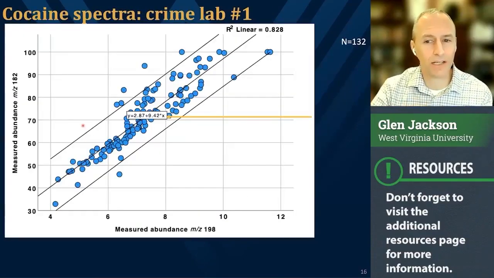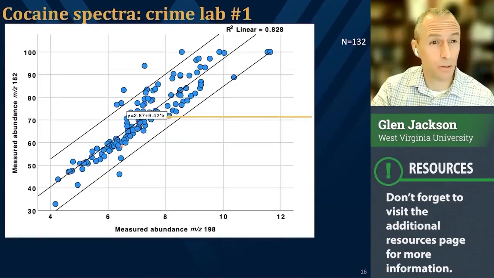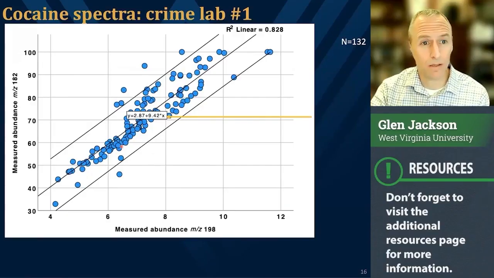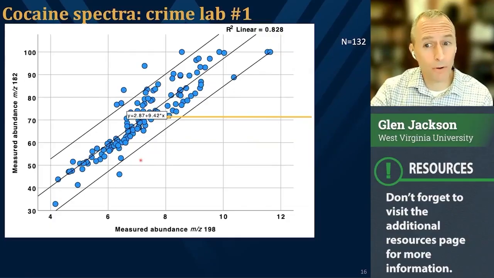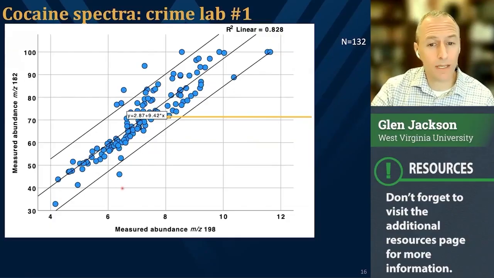If we look at some correlations that actually exist, remember I showed you the GC peaks for cocaine and how they do correlate, at least across one GC peak. Well, we took 132 cocaine spectra from a crime laboratory and looked at the correlations between all the different pairs of ions, at least the 20 most abundant for cocaine. You can see that the second most abundant ion here, m/z 182, correlates really well with this particular fragment, R squared of 0.82.